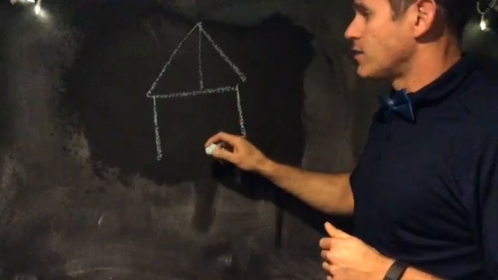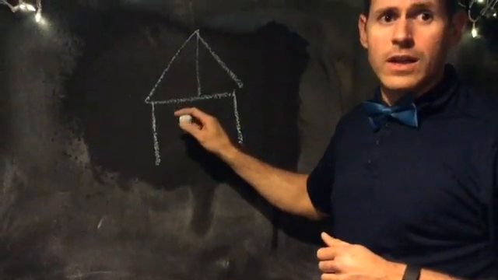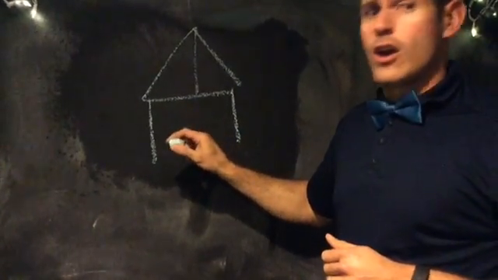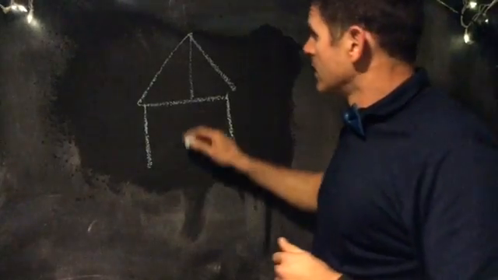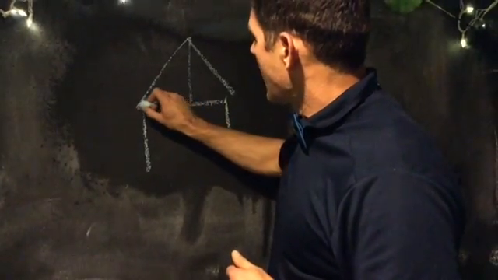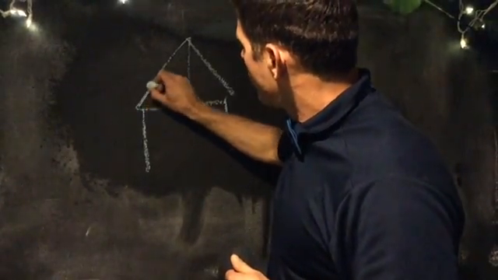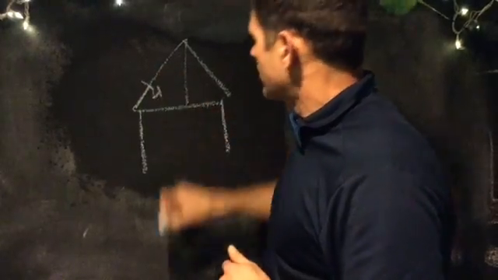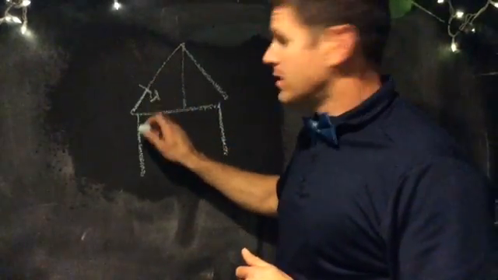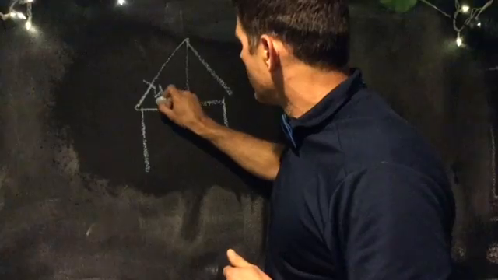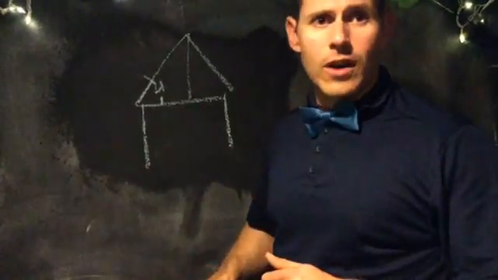In this particular case, we can look at the pitch of a roof and what they refer to as a 4-1 pitch. That means that for every 4 foot that the roof has a rise, it also has a run of 1 foot, and that gives us our angle.